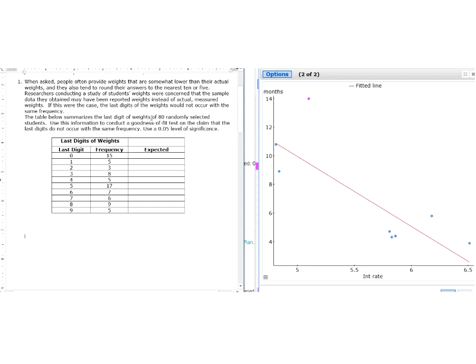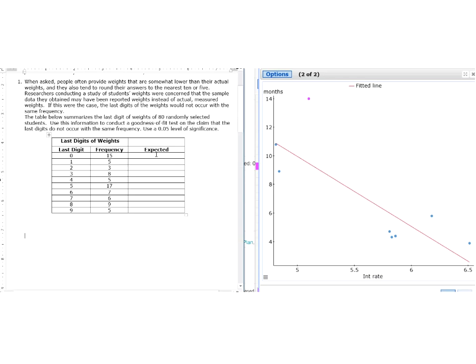What we're trying to find out is if the last digit happens with the same frequency or not. If it does, then the weights were probably measured. If it doesn't, then they were probably reported, because most people, if they tell you their weight, are going to round it to the nearest 0 or 5.